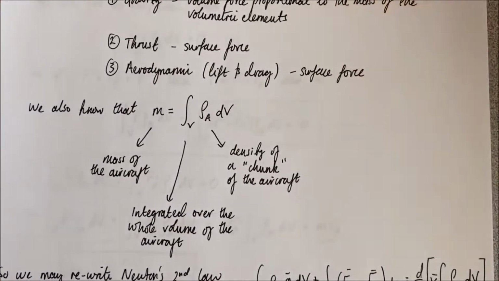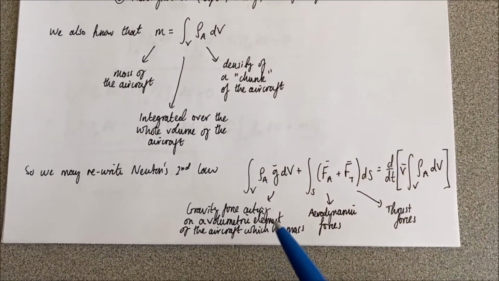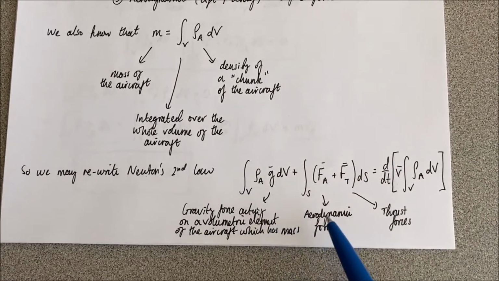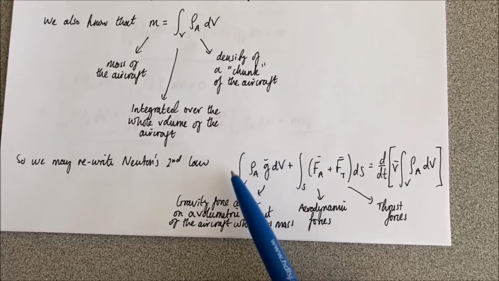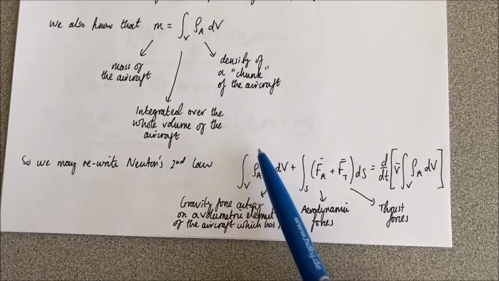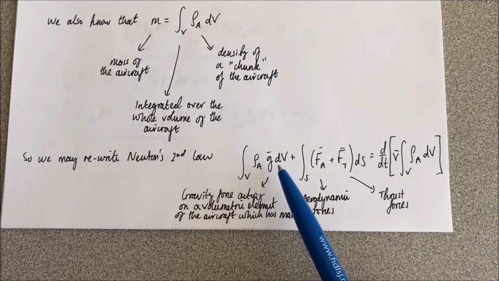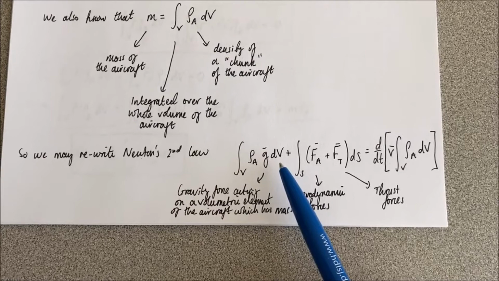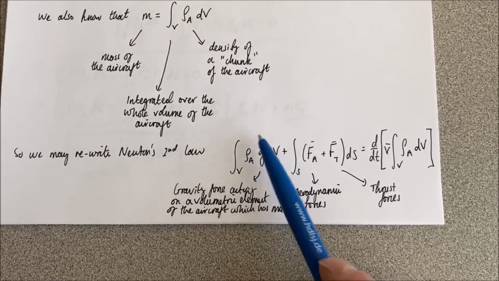So what we're able to do using those two bits of information is to rewrite Newton's second law in this form here. So this is basically our mg term, right? Mass times gravity. So we said how we describe mass here as the integral of rho dV. So g is our gravity vector, so this is mg.